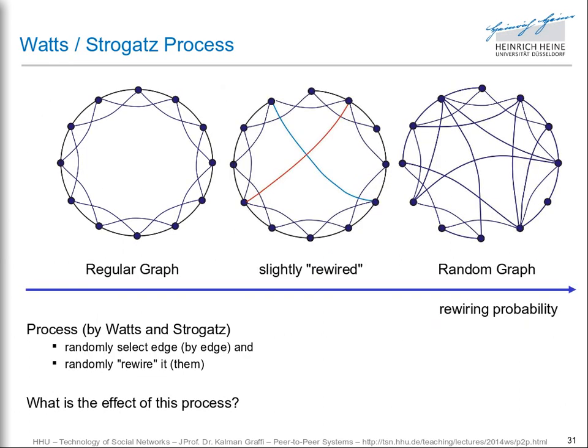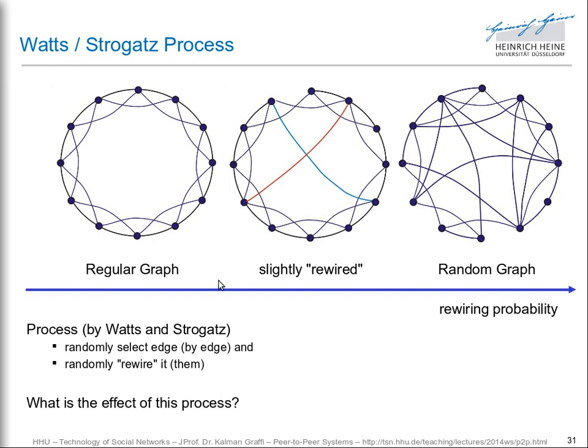All right. Okay, now we come to the Watts-Strogatz process. So this regular graph can be modified and rewired. Here we have the rewiring probability.